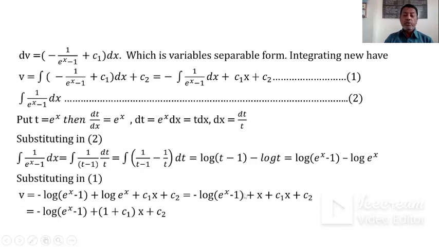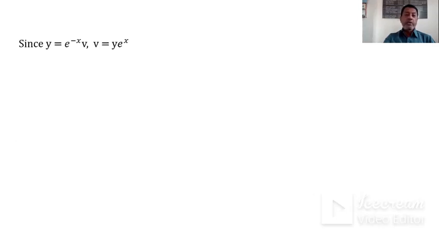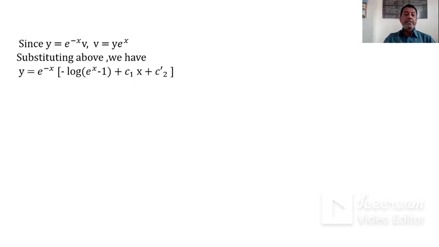Now collect these two terms together, we obtain this. Again here, we substitute the value of v as y upon y1. Substituting this value of v, we get this relation, and this is the general solution of the given non-homogeneous linear differential equation by the method of reduction of order.